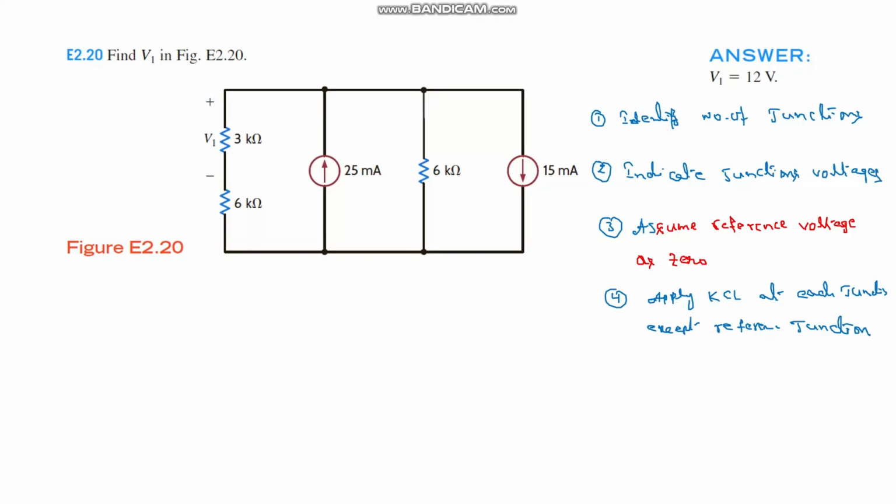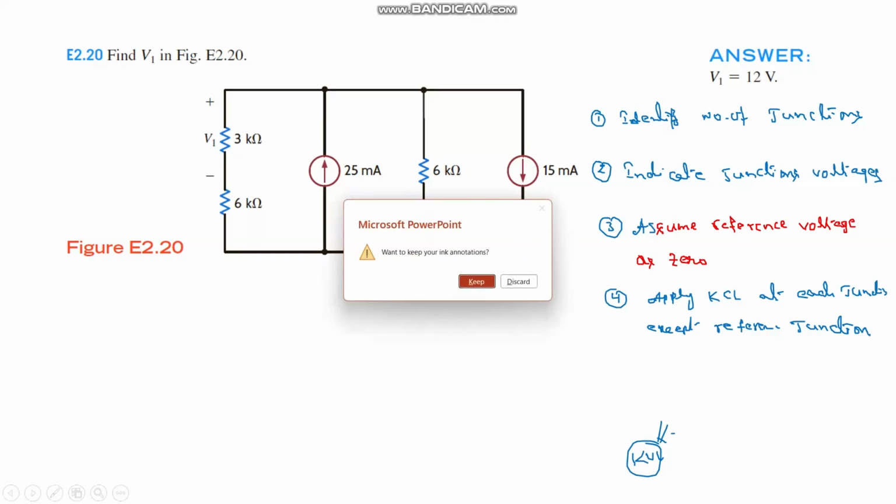Before applying KCL, keep one point in mind: there is no separate KVL here, in KCL we are using KVL only. Just try to understand how we are using KVL in KCL.